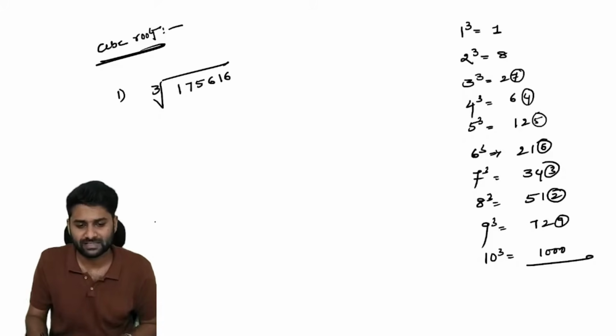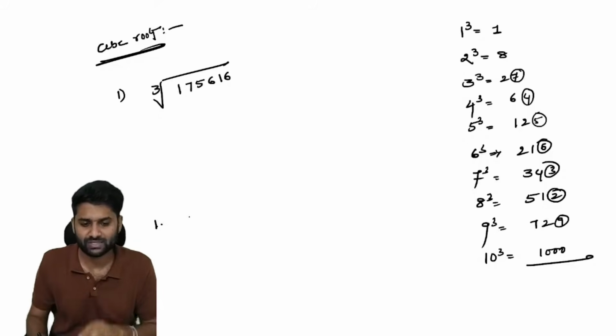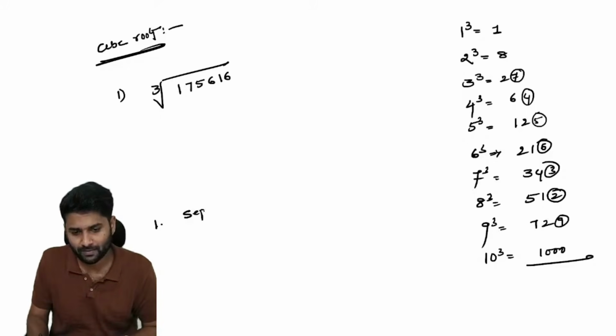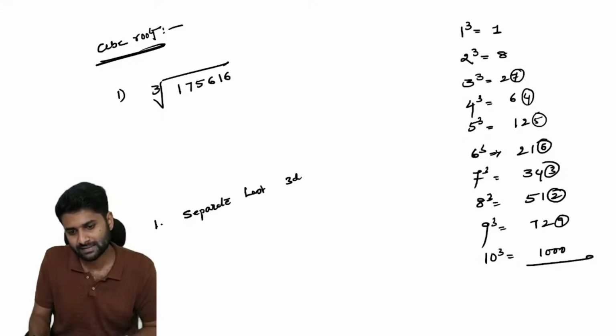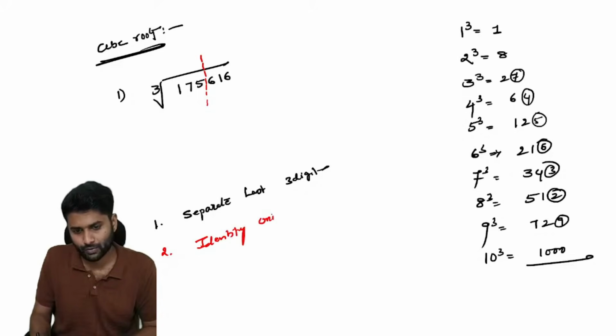Now see, step number one. If it is a square root, you have to separate the last two digits. If it is a cube root, step number one, separate the last three digits. Step number two, identify the units place value.